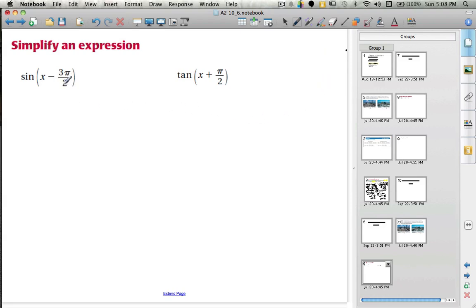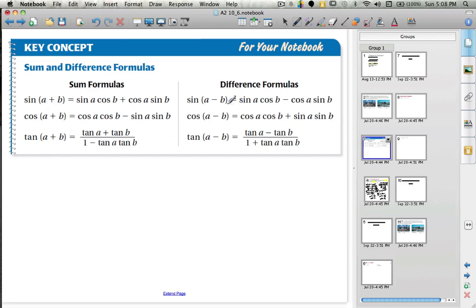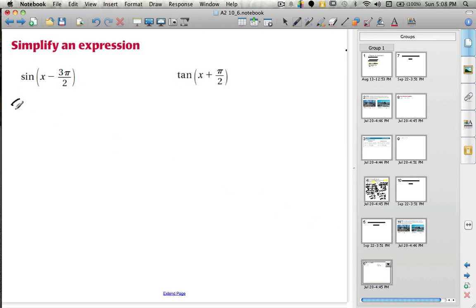Okay, so now in working with this particular problem, I'm going to have the sine of x minus 3 pi over 2. So if we go back to the difference formula for sine, sine A cosine B minus cosine A sine B, I know I'm going to have sine of x times the cosine of 3 pi over 2 minus the cosine of x times the sine of 3 pi over 2.